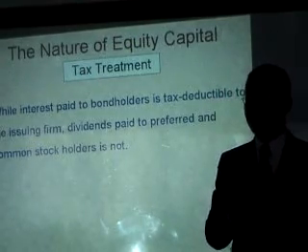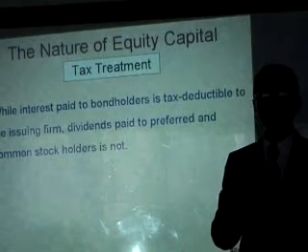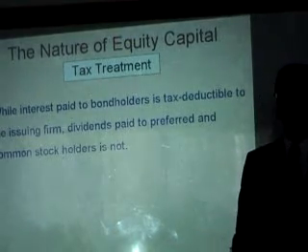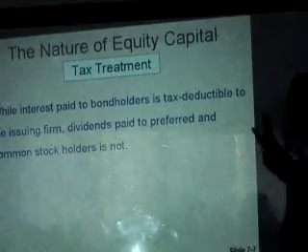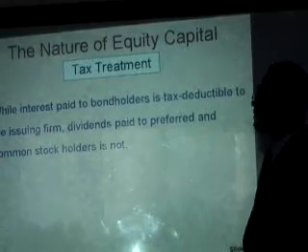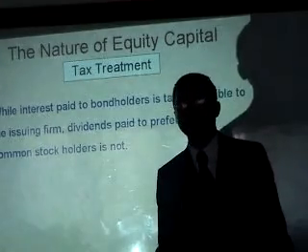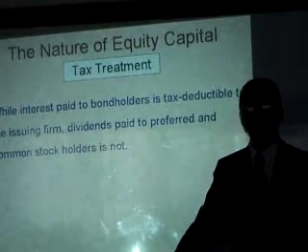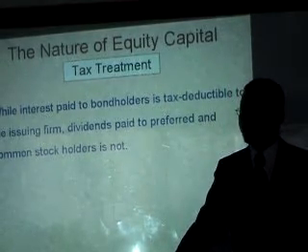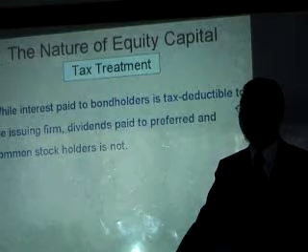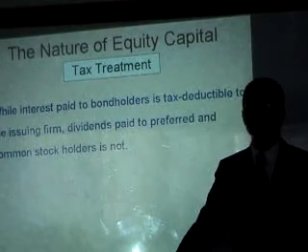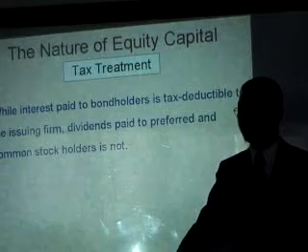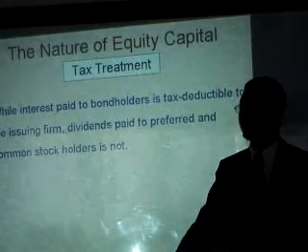But dividends are paid after you have paid the tax, so they are not deductible. Dividends paid to preferred and common stockholders are not tax deductible. So this is one reason why some companies prefer to go for debt rather than issuing common stock, because they don't have the advantage of tax treatment.